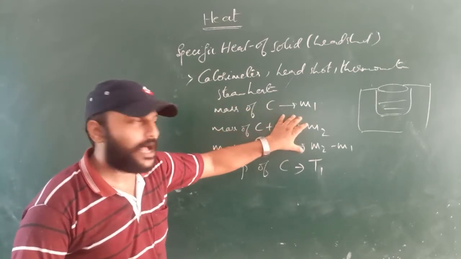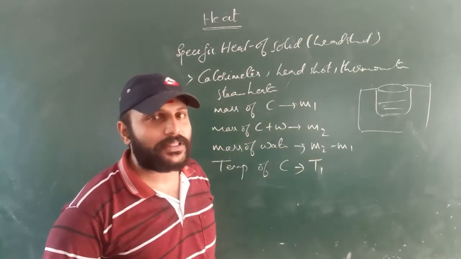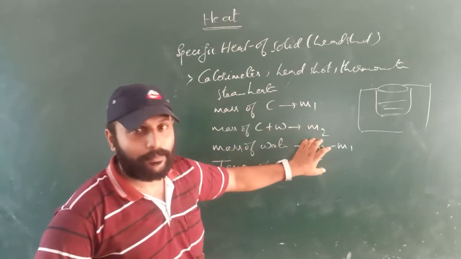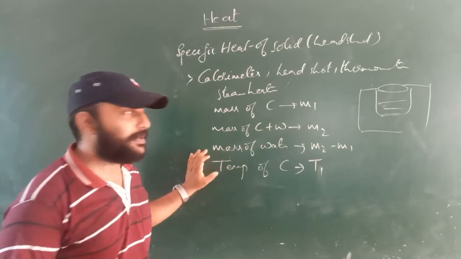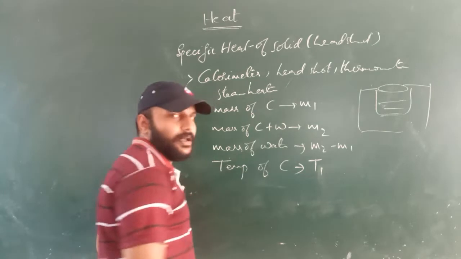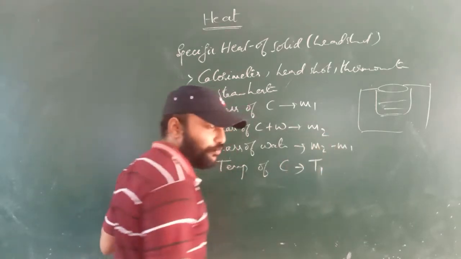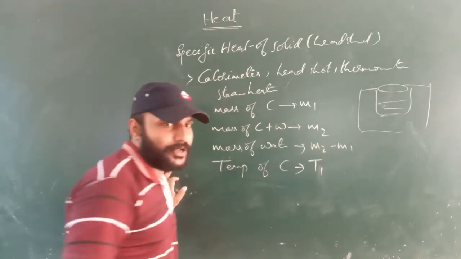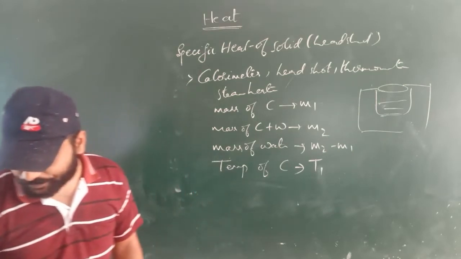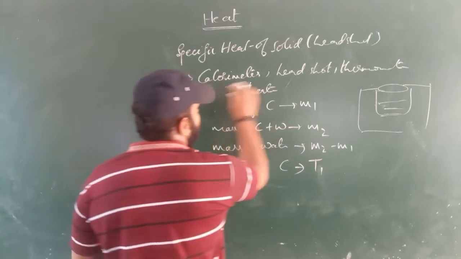I have added water up to 1/3 of the calorimeter and measured the mass of the calorimeter with water as m2. The mass of the water is total mass minus mass of the calorimeter, m2 minus m1. I will take the temperature of the calorimeter as T1. Up to here understood? I will write it.